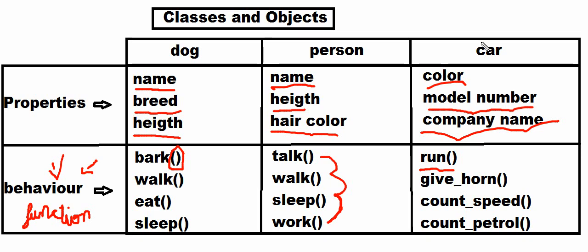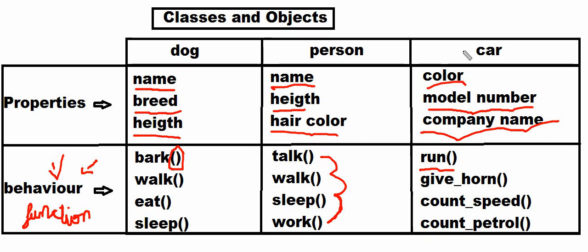Now objects have different properties. They can have unique names. The name of each person can be unique, the name of each car can be unique, and so on.